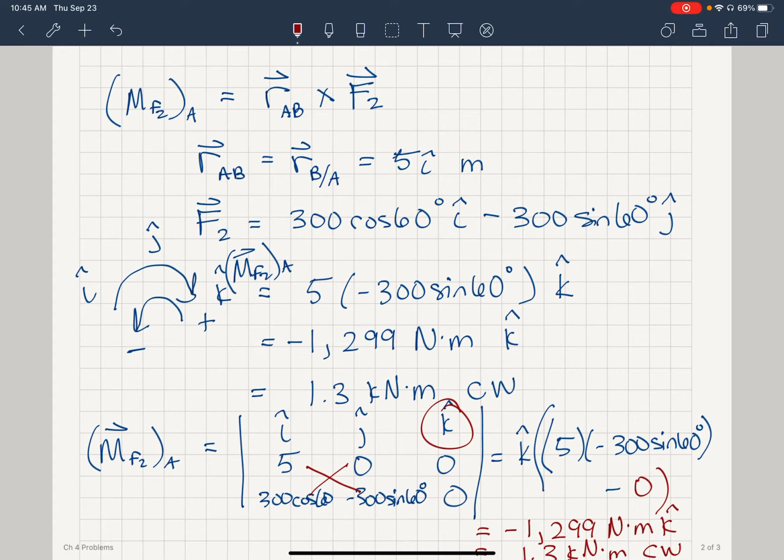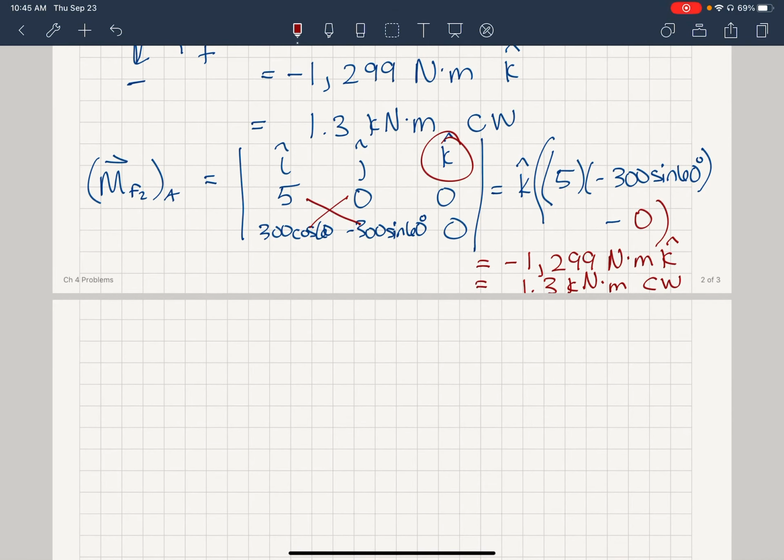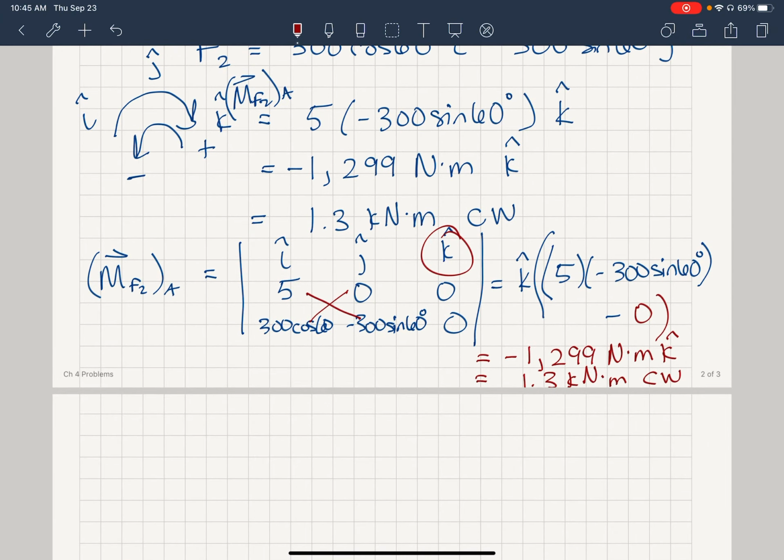The way they drew this one, the 5 meters is that perpendicular distance, and the perpendicular component of the force would be 300 times sine of 60. So 5 times 300 sine of 60 would give you the same thing. These are overly complicating it a little bit, but you can always use these to check, right?